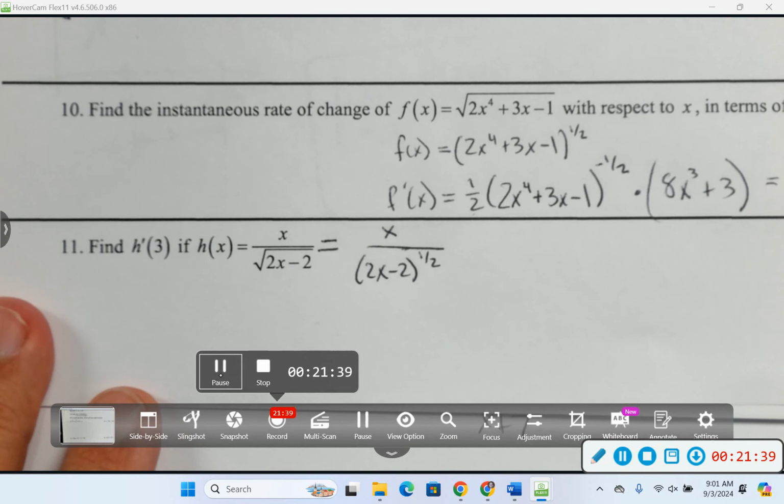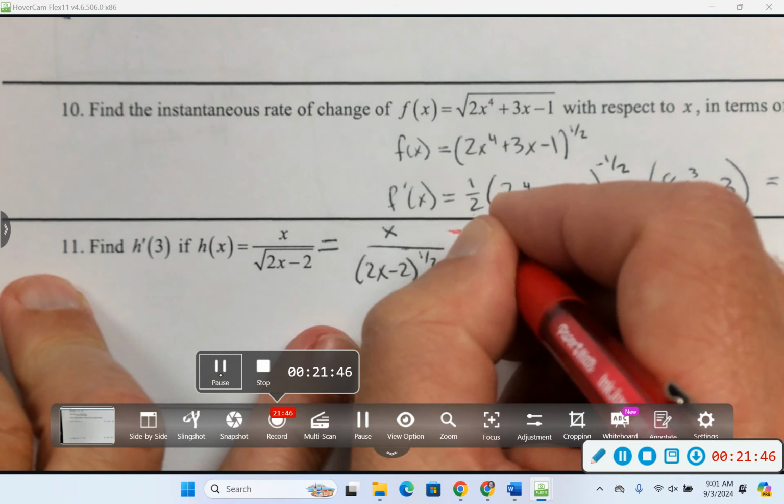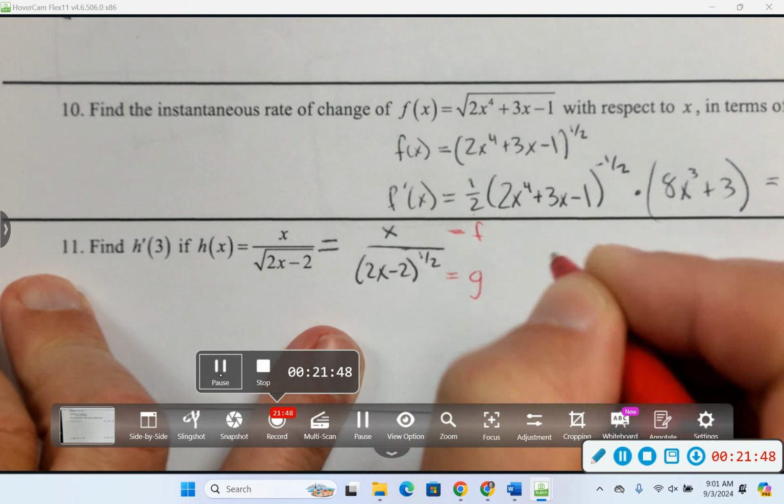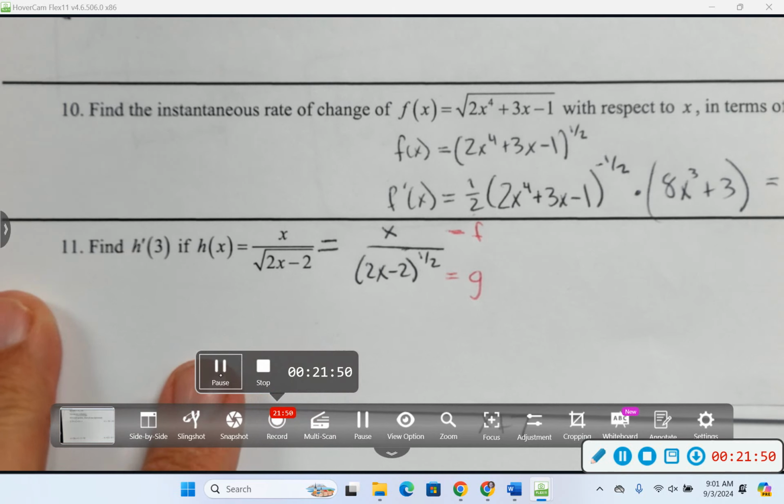There's 2 answers to that question. The quotient rule, and then the chain rule for doing the bottom part. So this is definitely one where I would split this up, and let's find the derivative of the top, derivative of the bottom separately, and then put it all together for the chain rule.